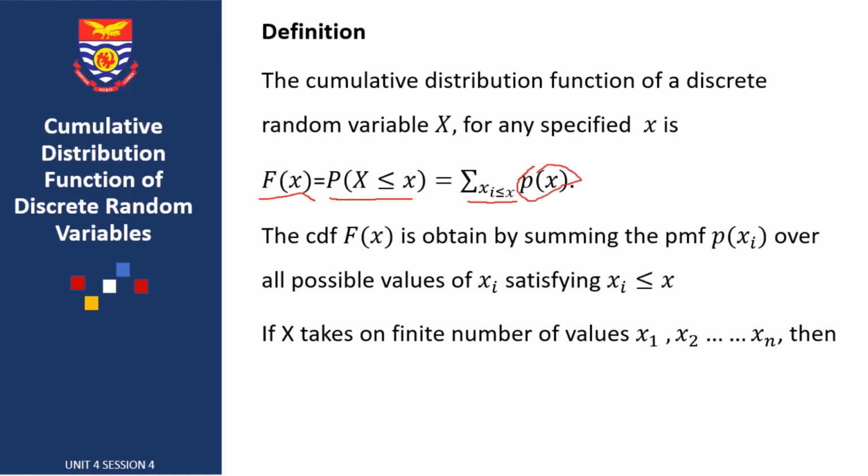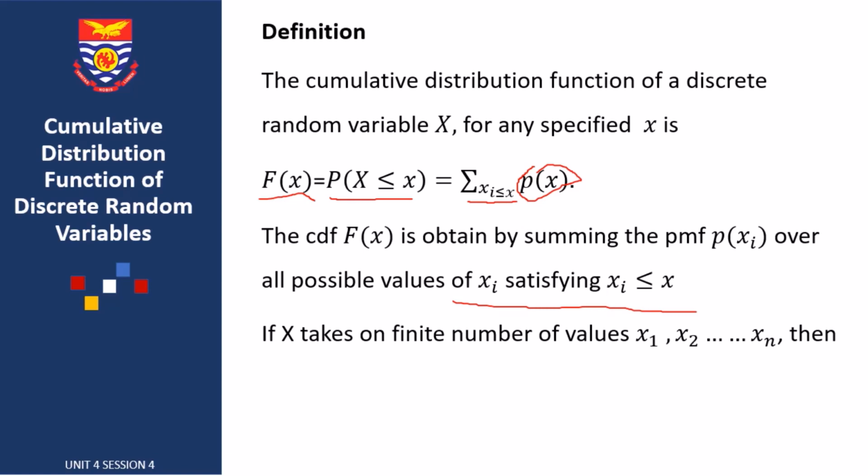So the CDF, the cumulative distribution function F(x), is obtained by summing the PMF, the probability mass function, probability of x_i, over all possible values of x_i which satisfy x_i less than or equal to x.